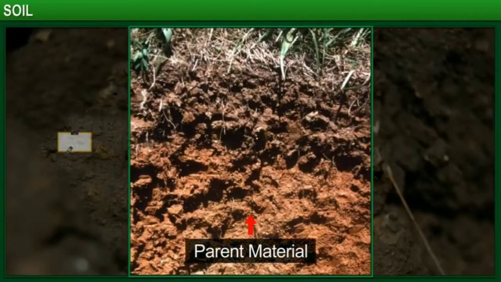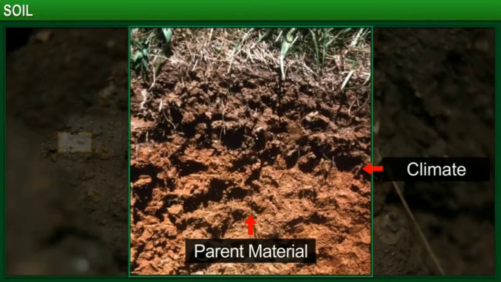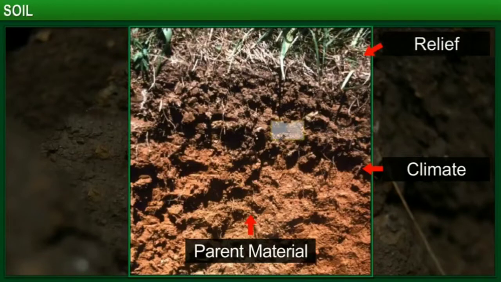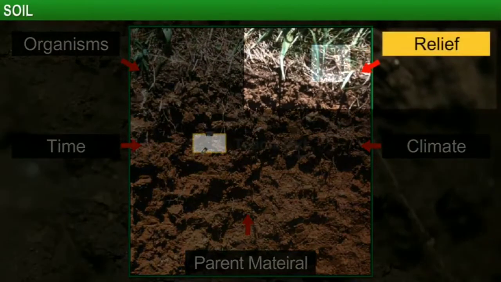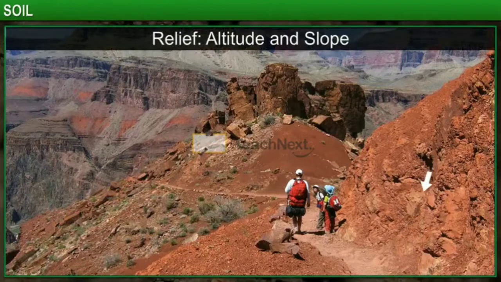Apart from parent rock and climatic conditions, the other factors that affect soil formation are relief, flora, fauna, and microorganisms, and time. Let's look at how relief, or the altitude and slope of an area, affect the accumulation of soil.